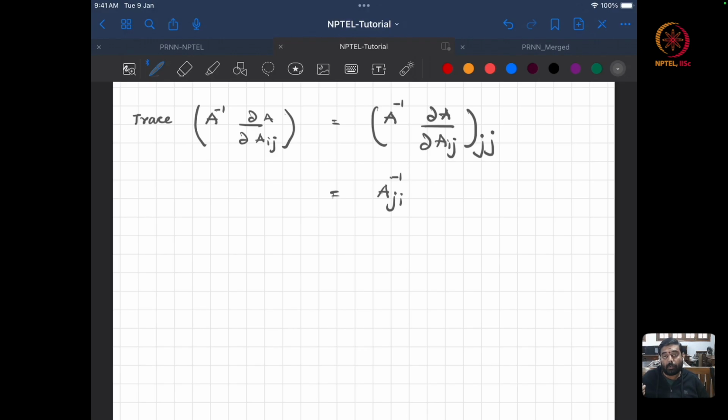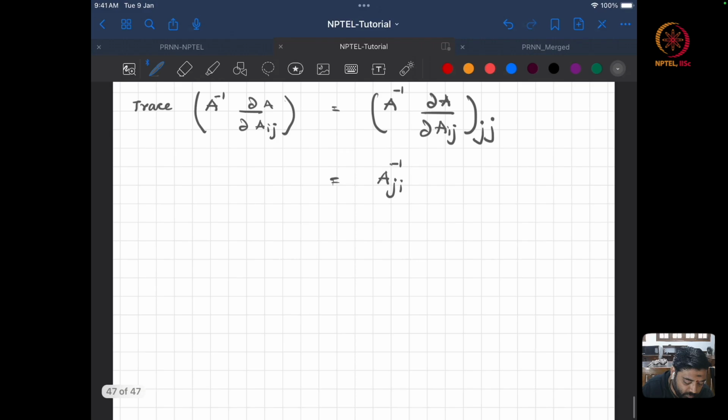Okay. Now if you are able to get it for one element, you have taken with respect to one element. So now you have to take it with respect to the whole matrix. Now the important thing to observe is that for Aij, you have taken the inverse and then the transpose. Okay. Now you have taken the transposed element. So for Aij, now you are looking at the Ji element of the inverse. Okay.